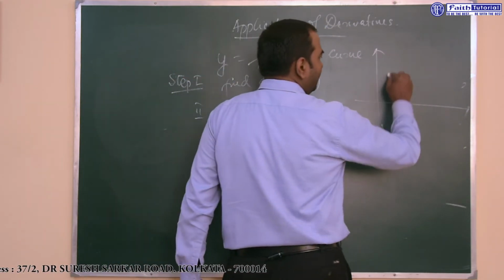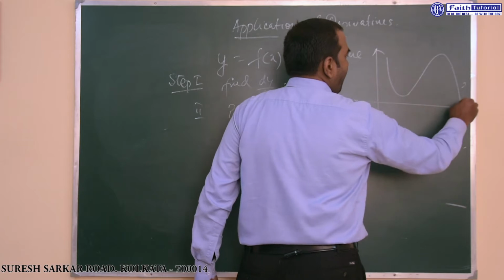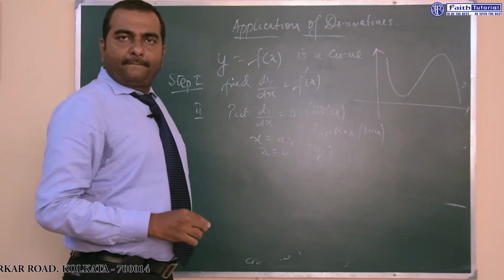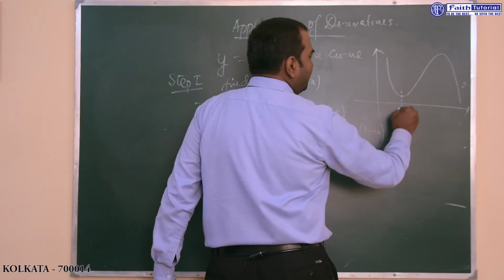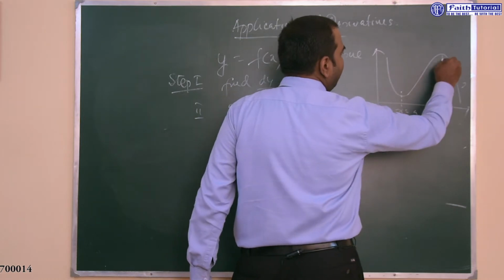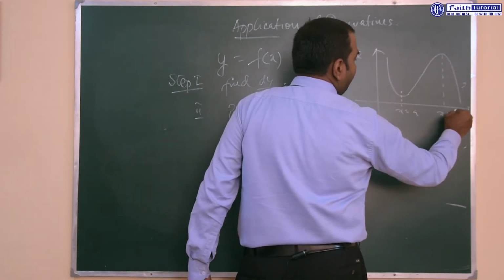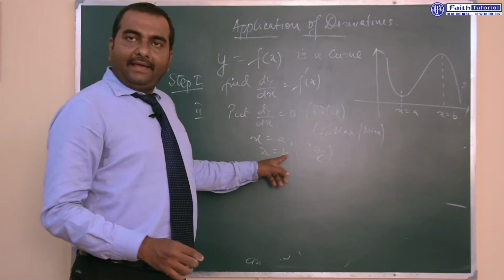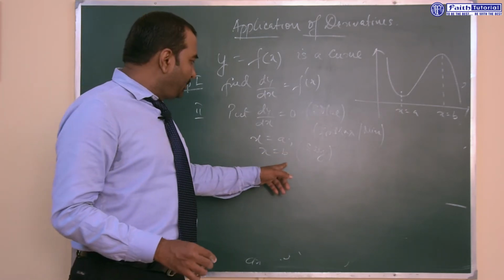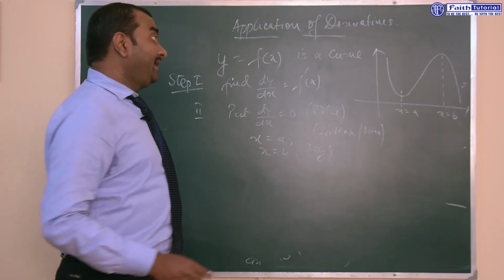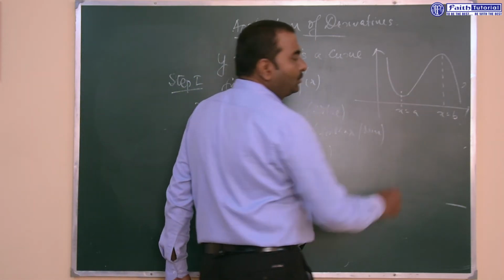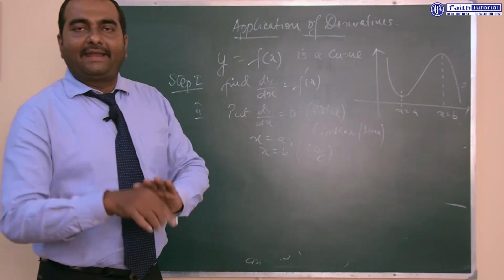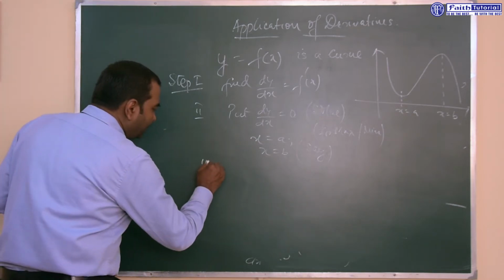Now look at that. So that has this as the minimum point, say x equals to a, and that as the maximum point, say x equals to b. So we are expecting two different values, that is x equals to a and x equals to b. But again, who will exactly let us know at which point it is maximum and at which it is minimum? So we go for the third step.